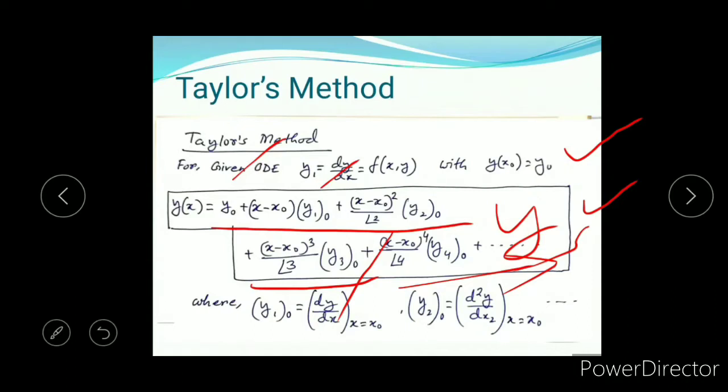Why? Because we are not calculating all the instances of y. We are just calculating till we get 4 non-zero instances of y. Right?